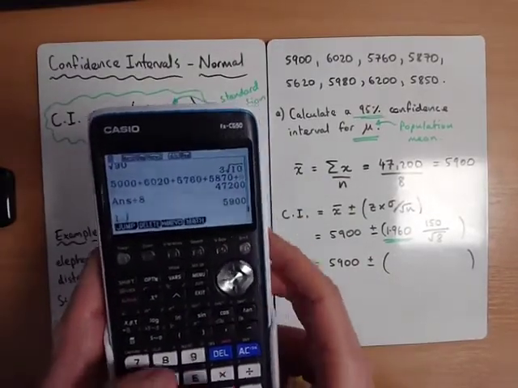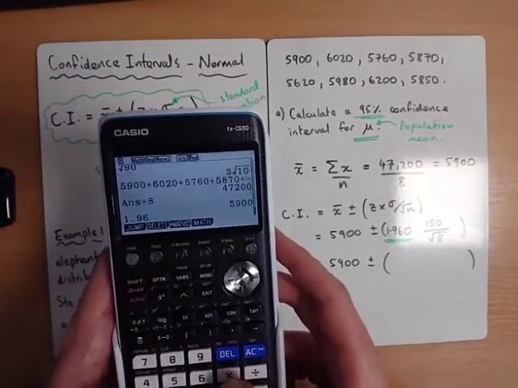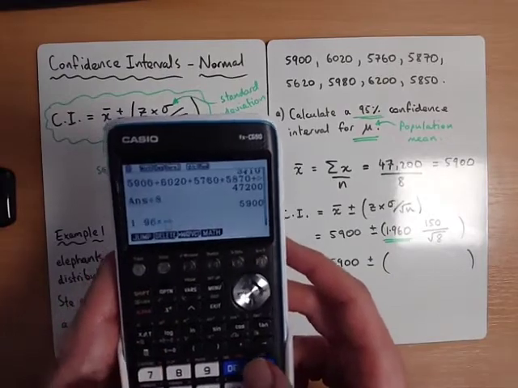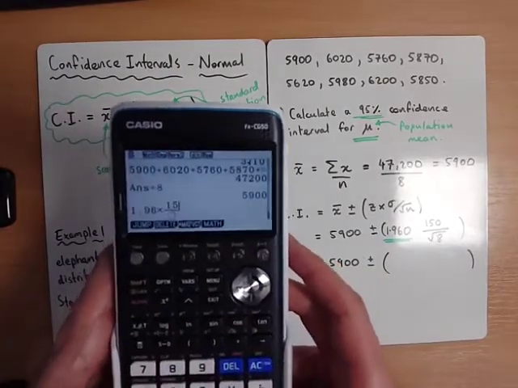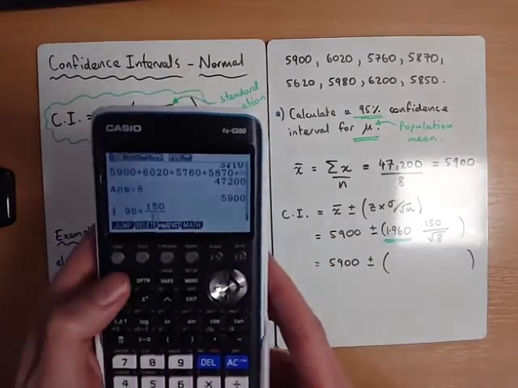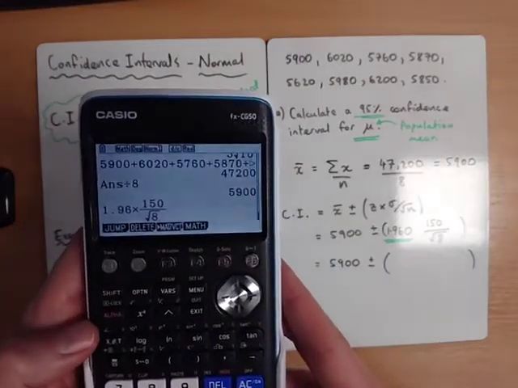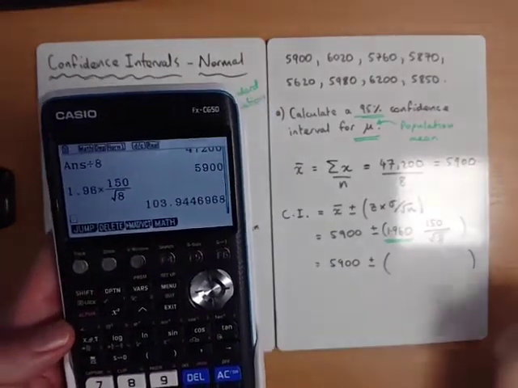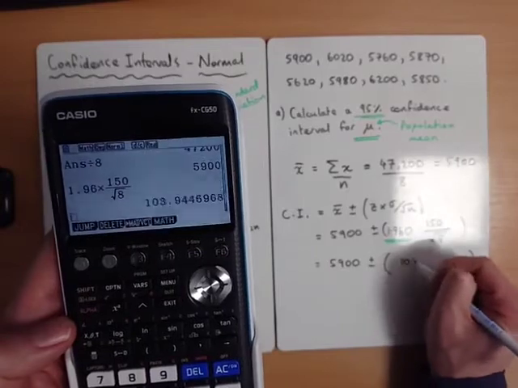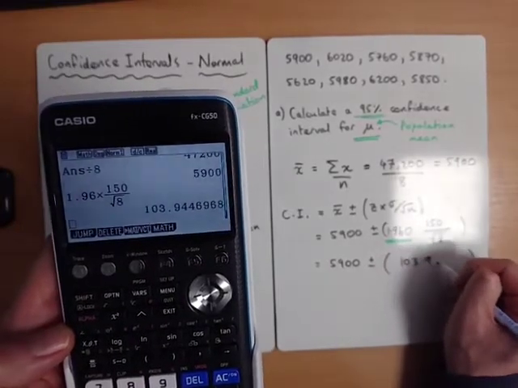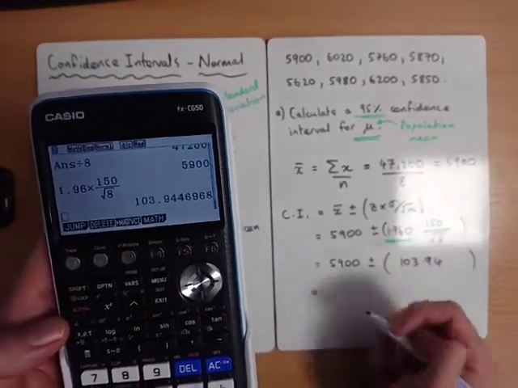And we're going to do 1.96 times 150 over root 8. And that gives us 103.94.